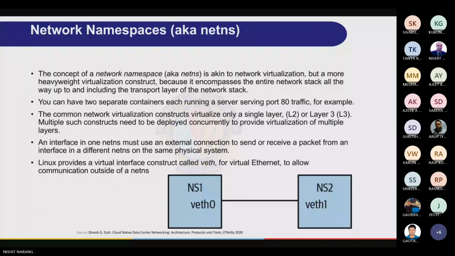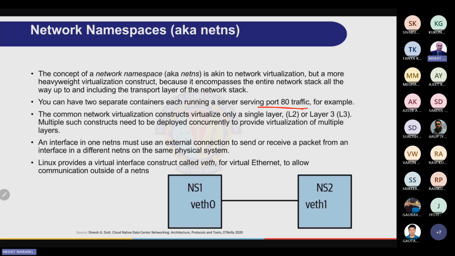So network namespaces really allow us to create in every container its own network protocol stack, reusing the same nomenclature. Every network protocol stack in a container can reuse, let's say, server port 80, which is the port that we use for HTTP traffic. Running an HTTP server will listen to port 80.